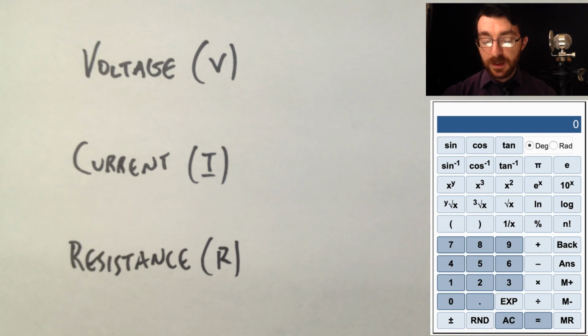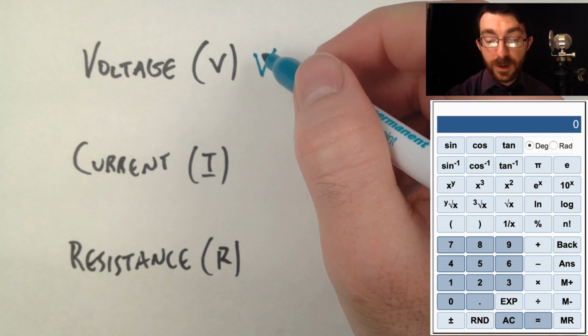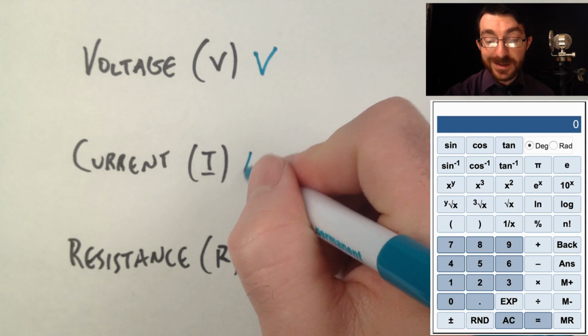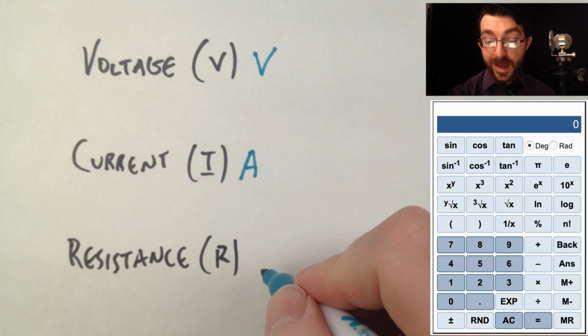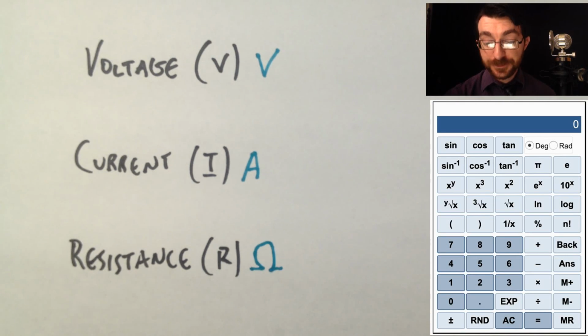Since it's been a little while since we had Ohm's law, let me actually remind you of the units of those. Voltage is measured in volts, so the units are V. Current is measured in amps or amperes, so the unit is A. And resistance is measured in ohms, and the symbol is omega.